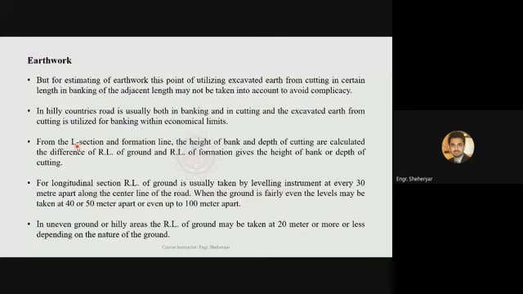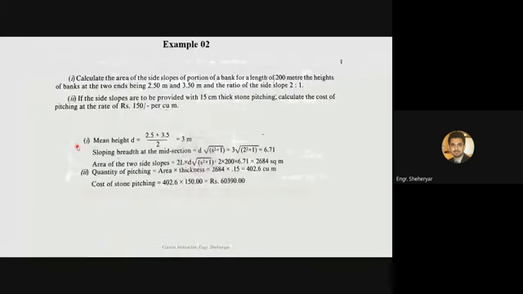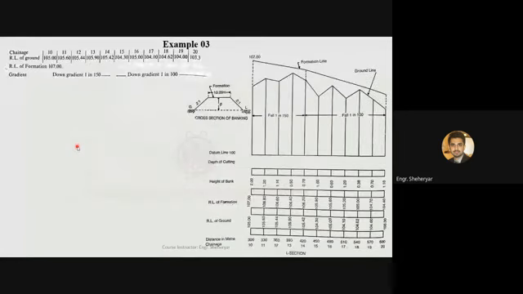Let me show you a figure. Let's say some surveyors conducted a survey for getting an idea about the road condition. Where is the road going up, and where is it going downwards, and what is the ground profile.